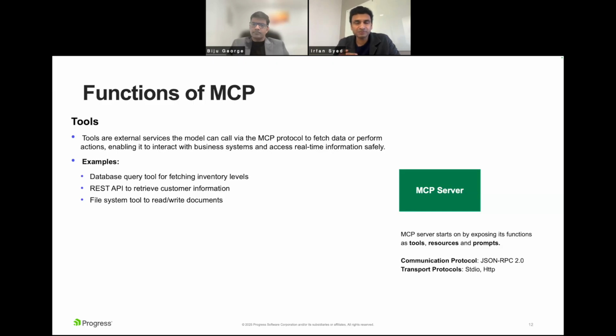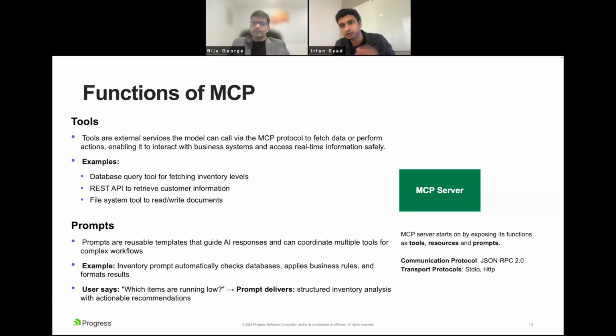In one term, tools are basically APIs. We are just exposing APIs, like REST APIs, as MCP tools. Examples could be a database query tool for fetching inventory levels, or an API to retrieve customer-related information from the customer portal.